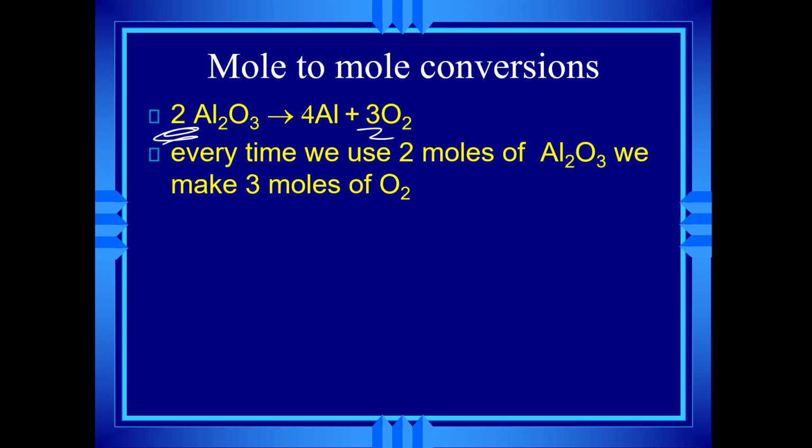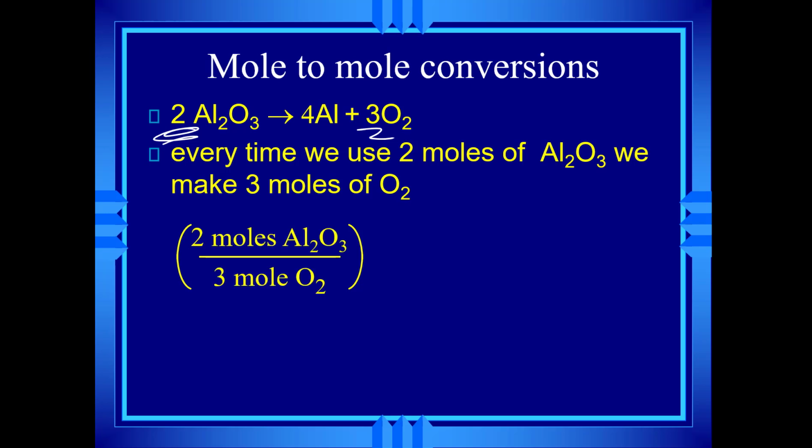Doesn't that equation say that? I also make 4 moles of Al, but if I'm going to use 2 moles of Al2O3, I'm going to make 3 moles of O2 every time. Hey, those 2 are equal to each other. And if they're equivalent to each other, I can write them as conversion factors. Because if I use 2 moles of Al2O3, I'll make 3 moles of O2.